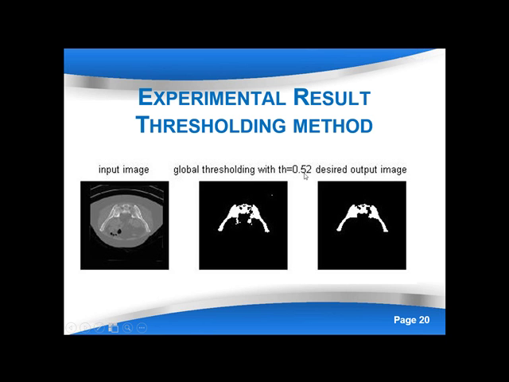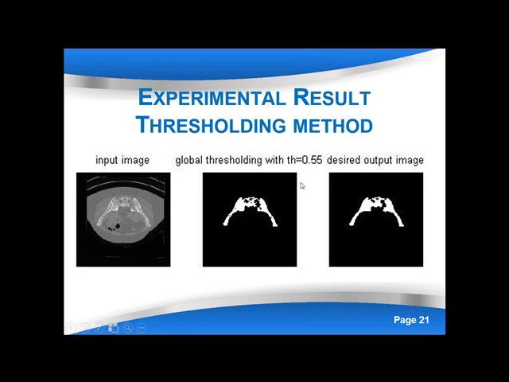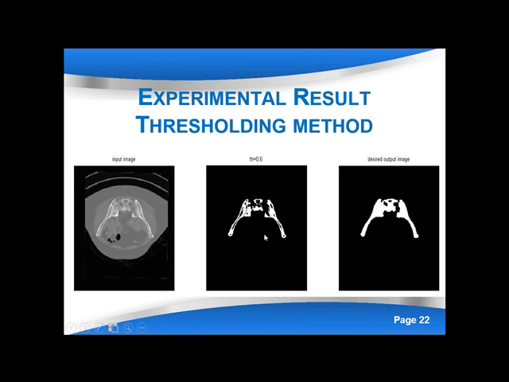Value 0.52. Thresholding value 0.55, we see the results are better. Thresholding value 0.6, and we see the image is not good again. We can see the results are highly dependent on the thresholding value, and it can vary from image to image.